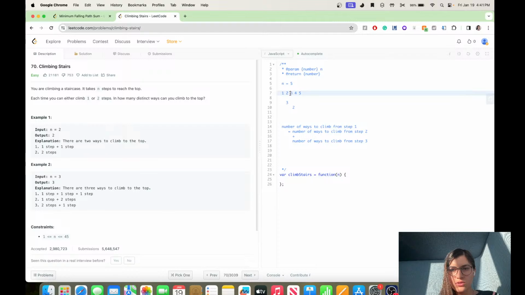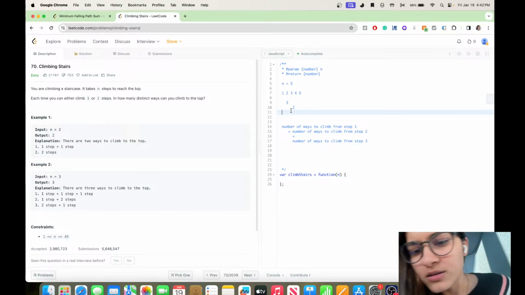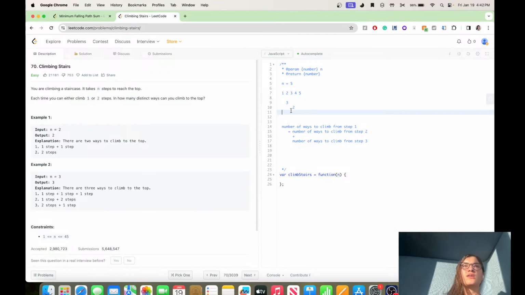If I go through route 3, then there will be 2 ways. So total will be 5, right? Isn't it? Am I right or not? From step 1, there is step 2 and step 3. If I go through step 2, then there are 2 ways to go there.